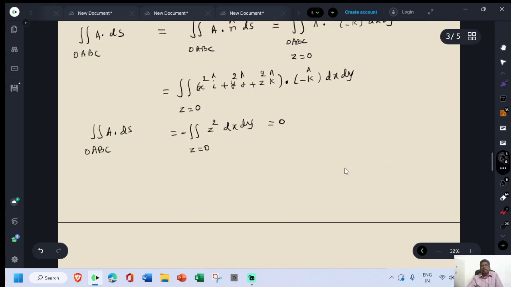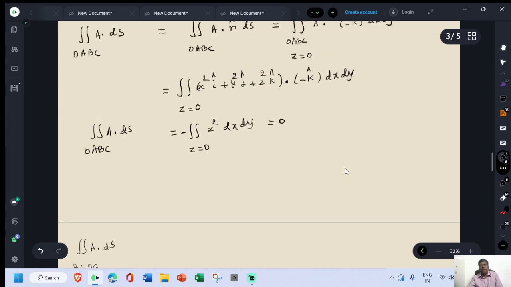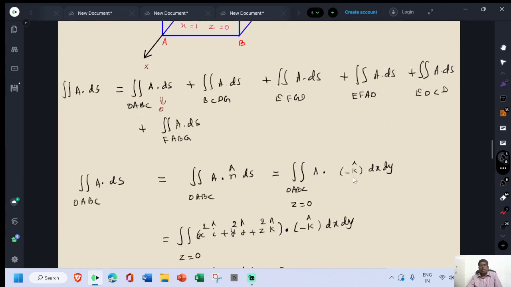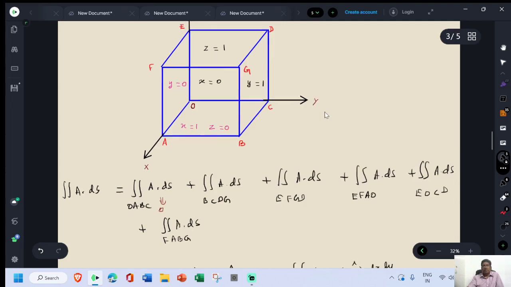Now take the second integral, A dot ds BCDG. Double integral of A dot ds BCDG. See this phase BCDG. Here the value of y is 1 maximum. Y is maximum, then n cap value is j, because along the y, j component is present.